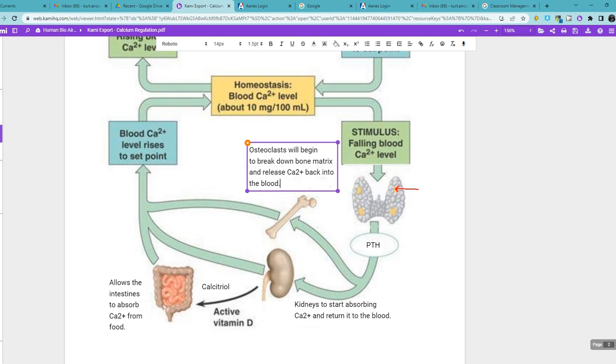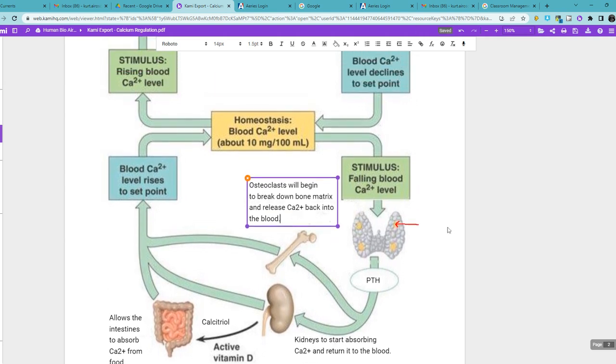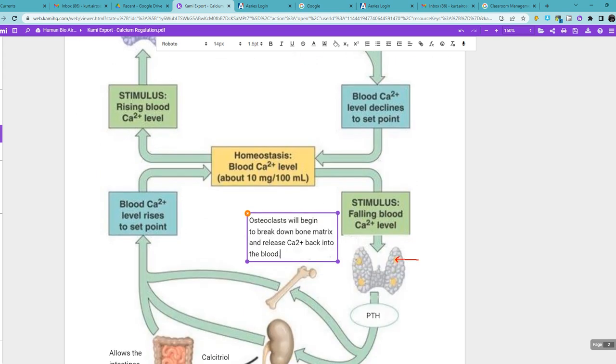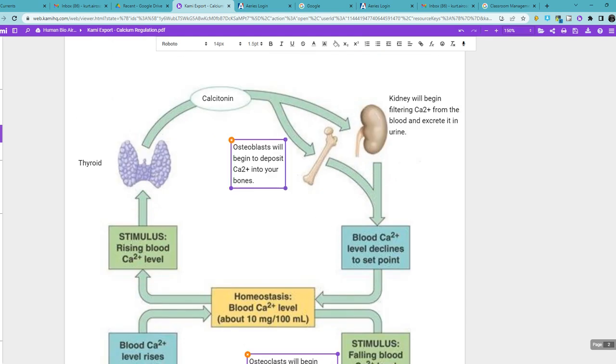And this is constantly happening. The more stress you have on your body, these osteoclasts and osteoblasts are constantly remodeling. It's called bone remodeling. Unless you go out into outer space for months, the more stress you put on your bones, the more your osteoclasts will break down that old bone matrix, that old bone tissue, the mineralized salts, and the osteoblasts will have to replace that.